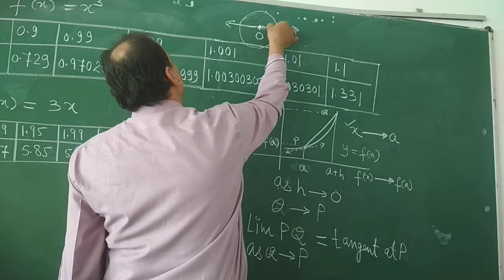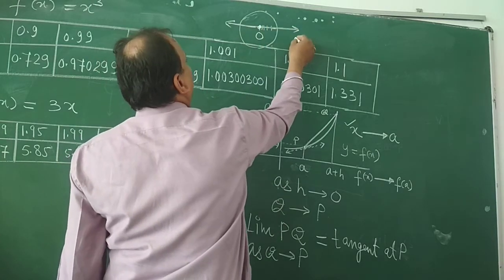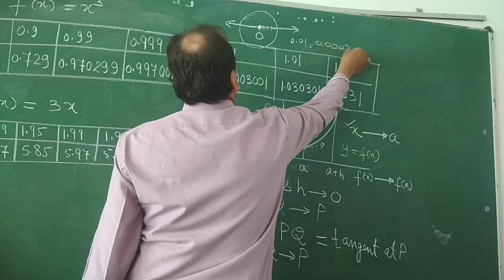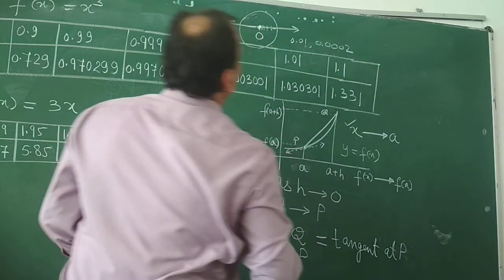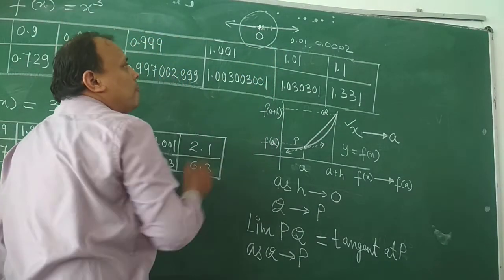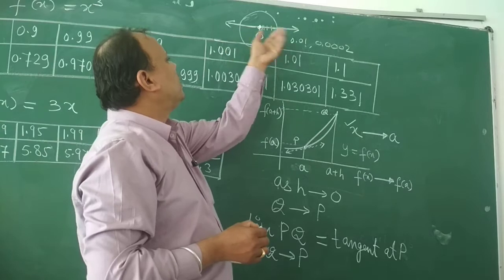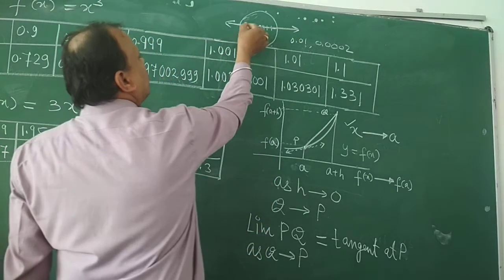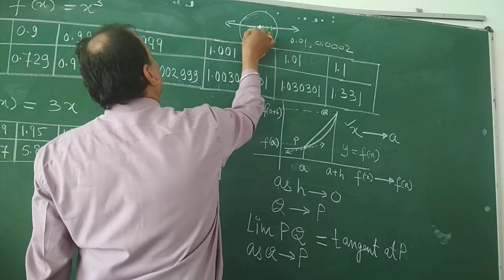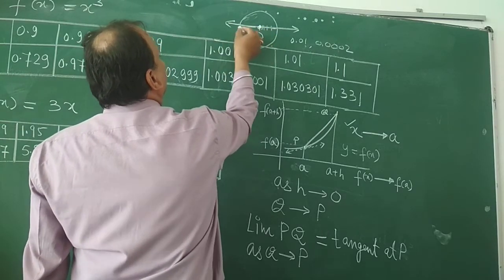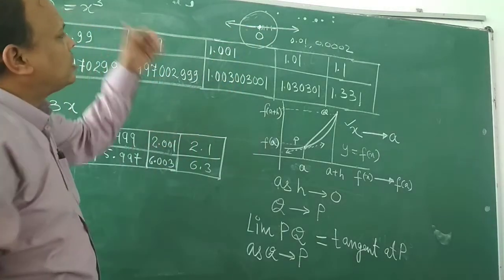All those points which are nearer and nearer to 0, like for example 0.01, 0.0002, 0.00001, all these points are nearer and nearer to 0. That is from the right hand side. From the left hand side we get even negative numbers, minus 0.001, minus 0.002, the smallest of the smallest.